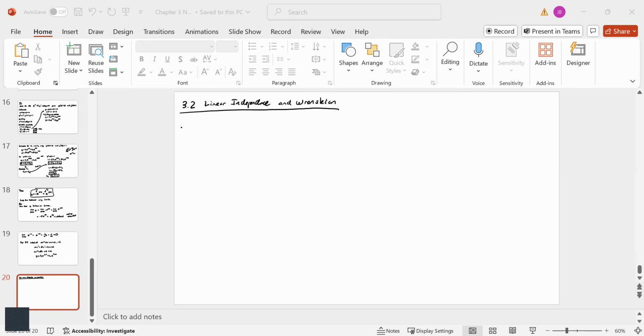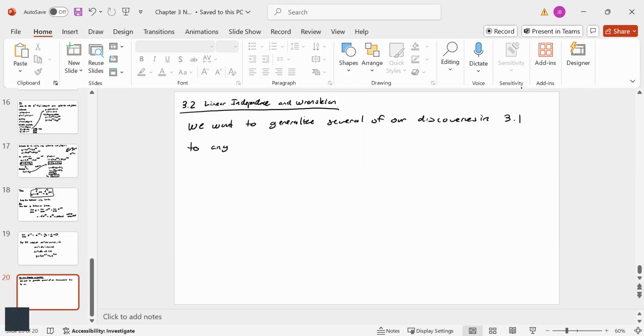So we want to generalize several of our discoveries in 3.1 to any differential equation, mainly second order.